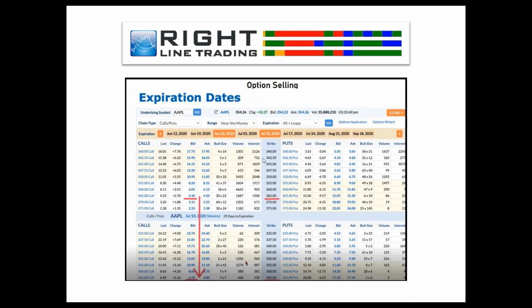Now we're going to look at just the opposite. Now we're going to look at the sell of the option. You have 2 prices. You can sell at $4.40, or you could sell at $6.70. And when you sell something, again, it's counterintuitive.